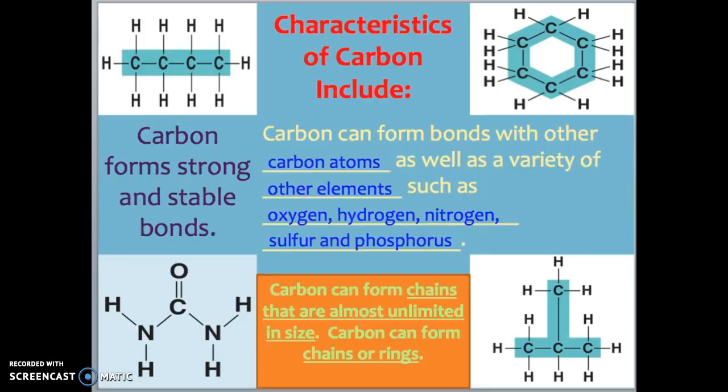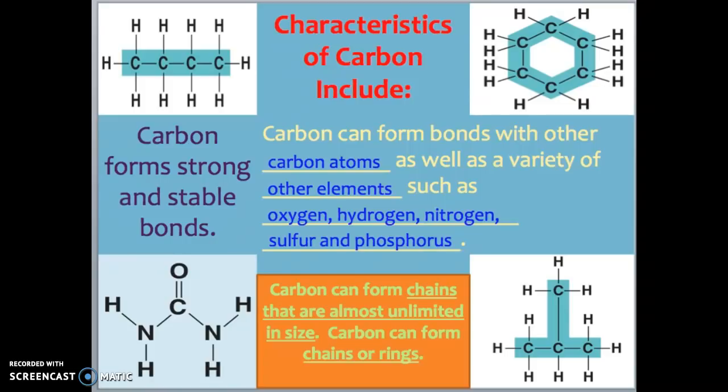As we've been learning, there are some unique features about the carbon atom. It can form four different bonds with other atoms, and those bonds are pretty strong and stable, and we use them to store energy, and when those bonds are broken, it releases energy.